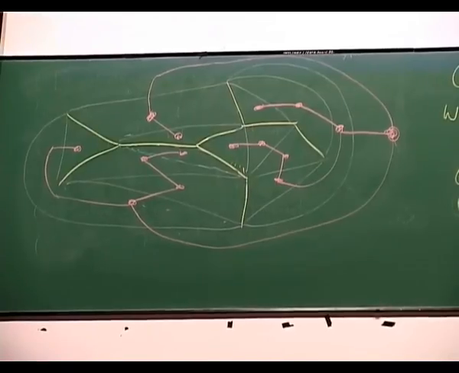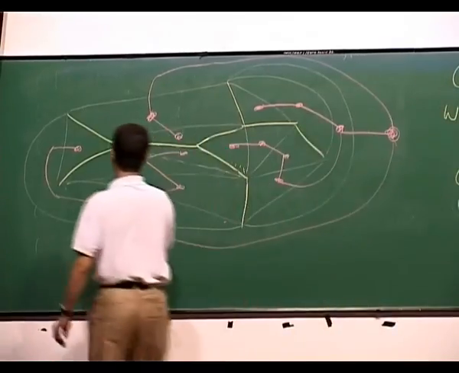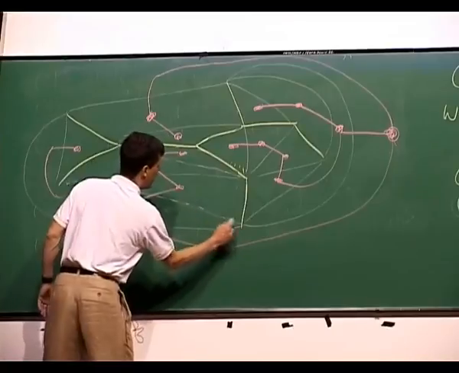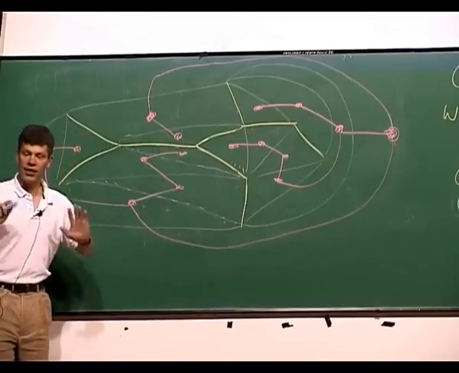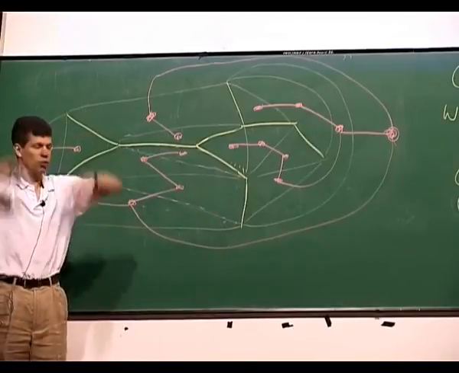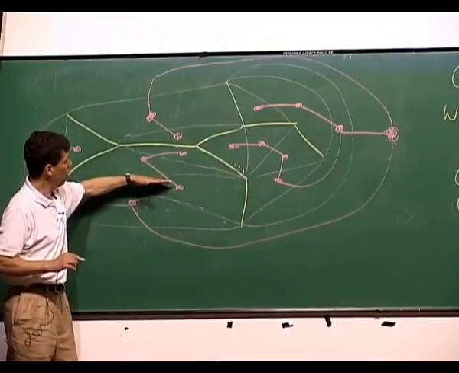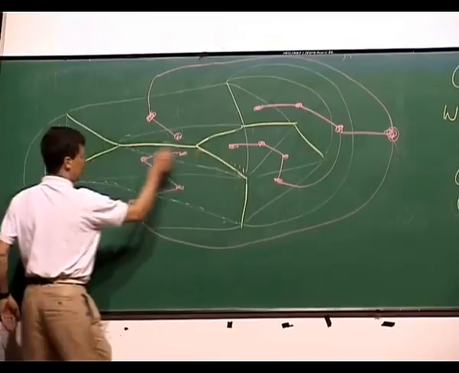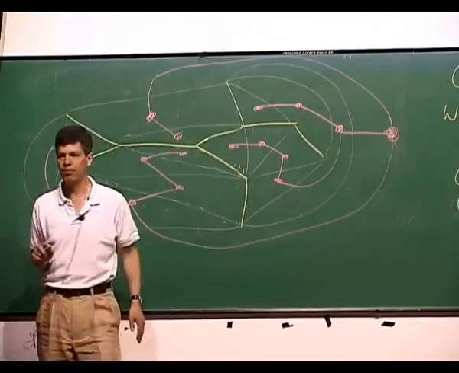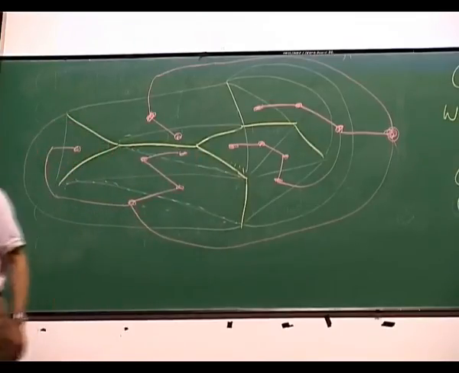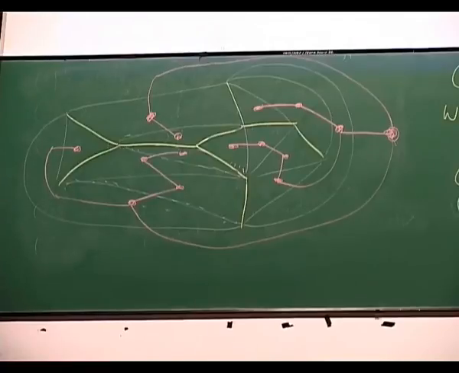So by the time we consider, say, this edge, this rule of going leaf to root in the interdigitating tree will ensure that we've already considered all the edges enclosed by this fundamental cycle. So that's another use of the interdigitating tree.